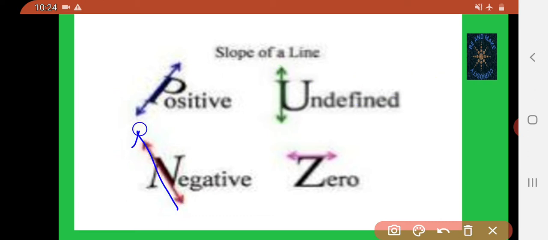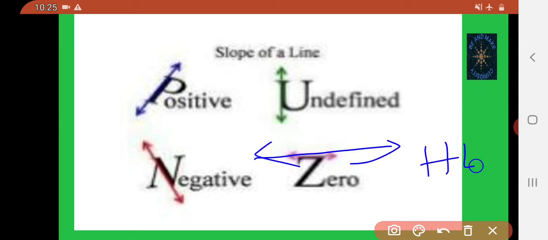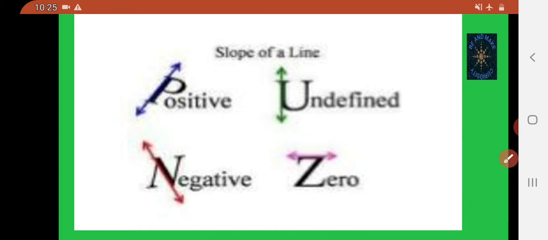Negative when the angle made by a line with the positive x-axis is an obtuse angle. And for a horizontal line, the angle is 0 degree, so the slope of the line is 0. Understood?